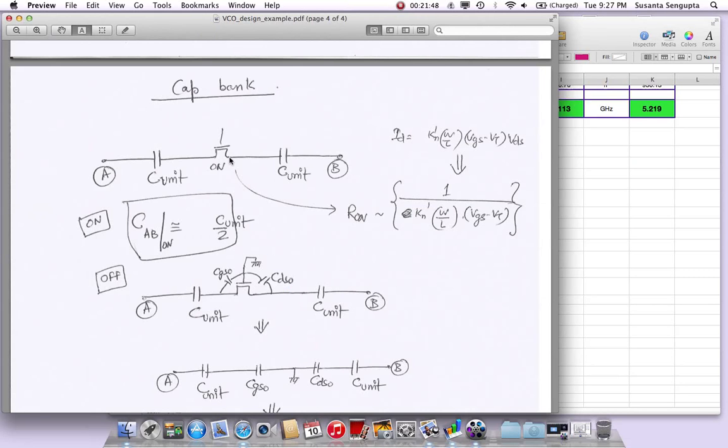Since this is going to be in the active region, the equation for the drain current is given as Kn prime W over L times VGS minus VT times VDS. Now if you find the R-on, which is VDS by IDS, it will come out as this. You can assume Kn prime to be about 200 microampere per volt squared for an NMOS. You have the W over L and VGS minus VT.